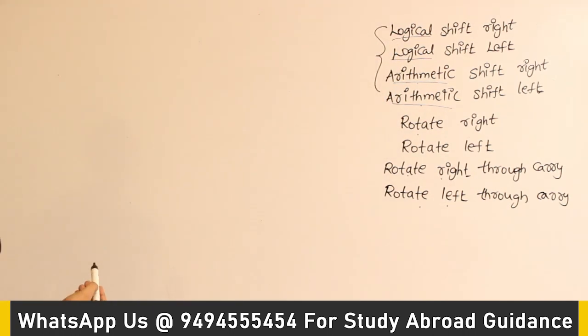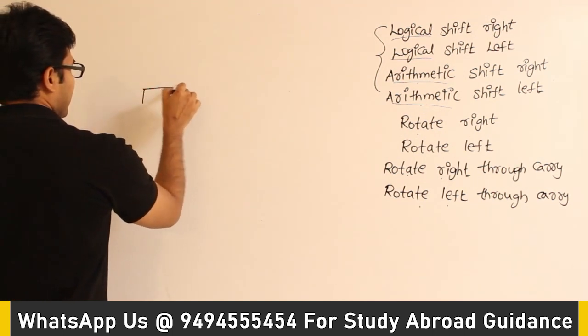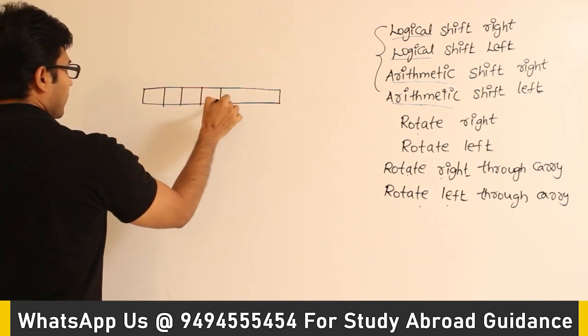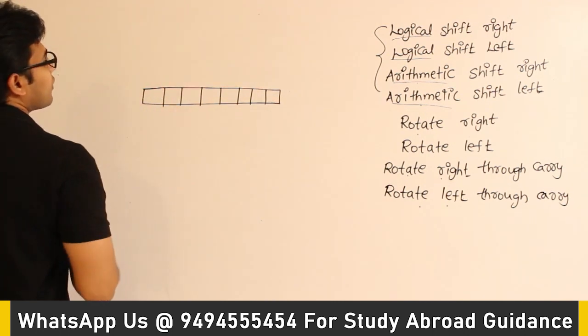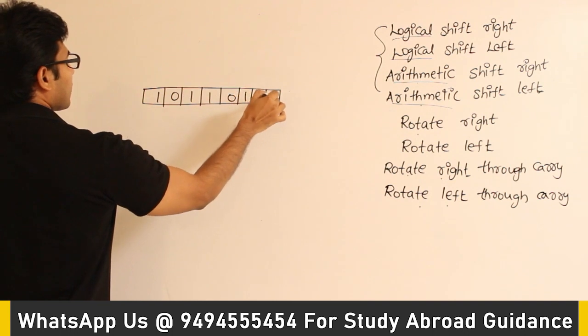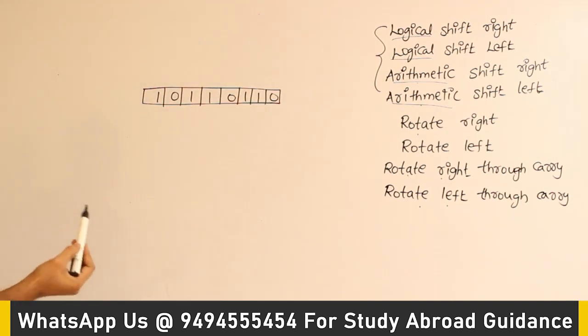Logical shift right: let us say we have a register like this. Assume that we have this 8-bit register and we have some data.